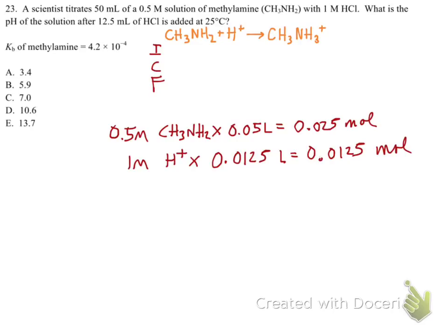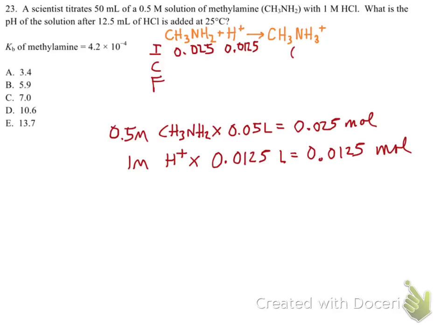problem. If you recognize that, you can instantly plug in pH equals pKa. Perfectly fine. But here, let's just do the whole ICF table. You know what? Why not? So, I'm going to plug in our values. 0.025 moles here. And this is going to be 0.0125.